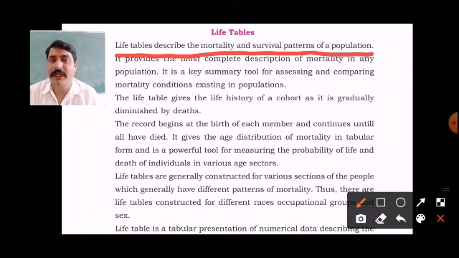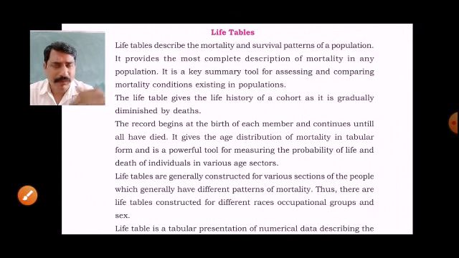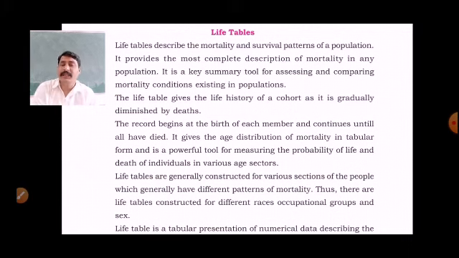It is a key summary tool for assessing and comparing mortality conditions existing in the population. So, both assessing and comparing. If you compare country to country or location to location, the death pattern differs.